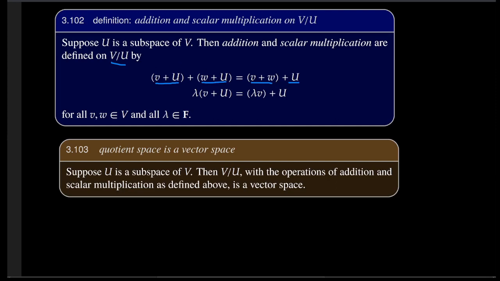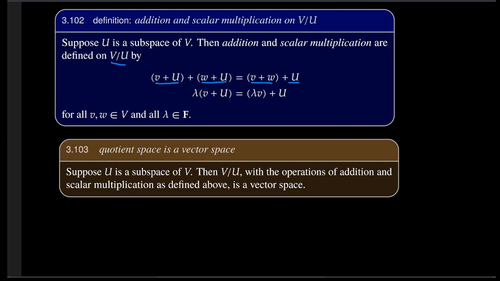So when I translate u by v and I translate u by w, I will add those two things together to get a translation of u by v plus w. And similarly, when I scale by lambda a translation of u by v, I will just instead translate u by lambda v. Okay, cool. Nothing too crazy, nothing too weird so far.